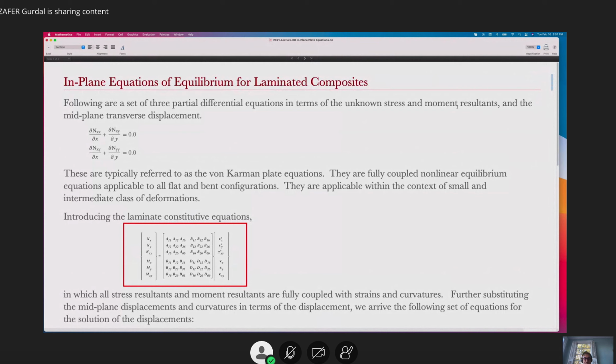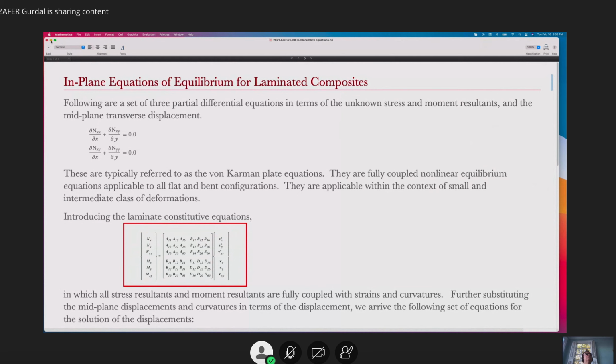Okay. Questions? No questions? Cylindrical bending, beam.